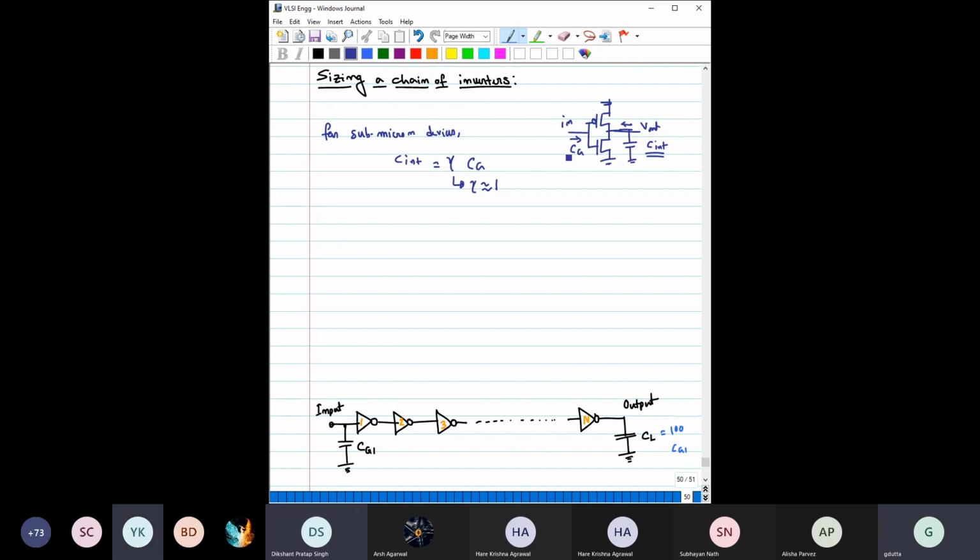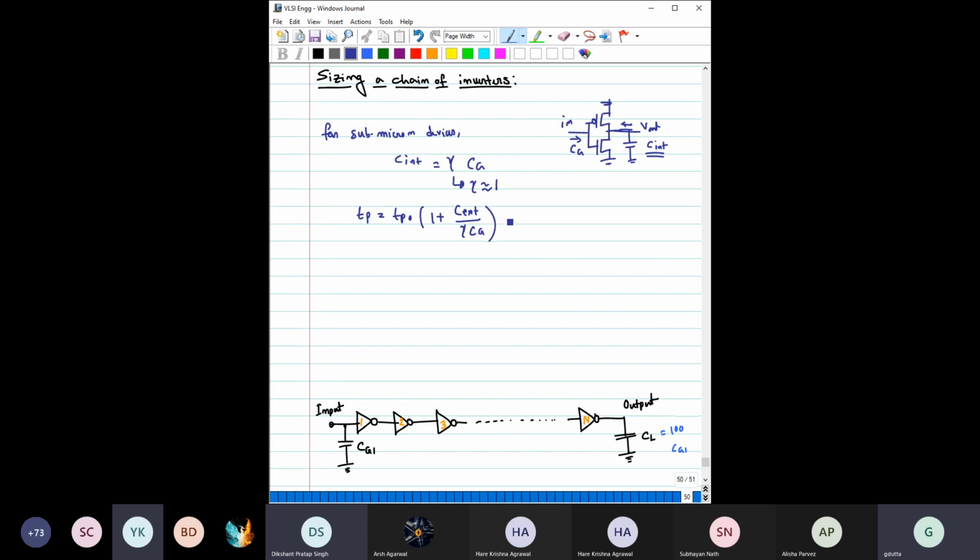Then if we consider a single inverter, what would be the propagation delay? That propagation delay we have already seen: Tp is equal to Tp naught times (1 plus C external by gamma Cg). I am writing here this gamma Cg itself, the complete thing.